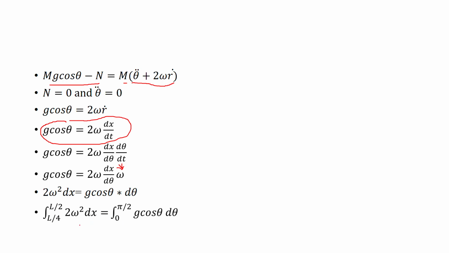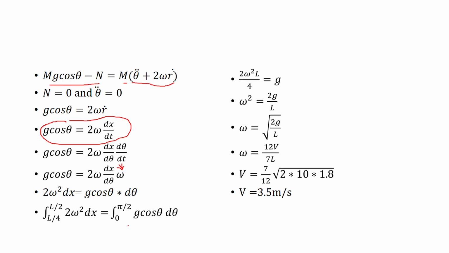So these limits are put here, and then we will obtain this expression 2 omega square L by 4 equals g, that is omega square equals 2g by L. When we substitute the value from the previous equation where we obtained omega in terms of v, and finally substituting the numerical value, we obtain the same result, that is v equals 3.5 meter per second. Thank you.